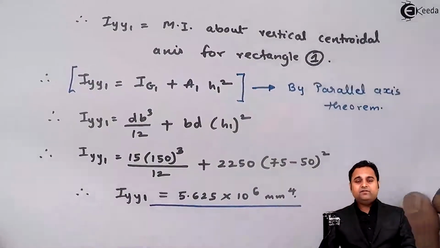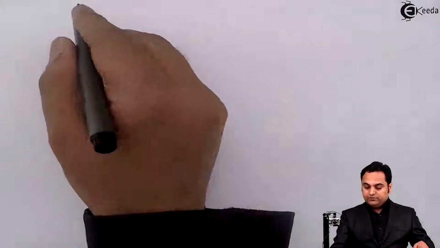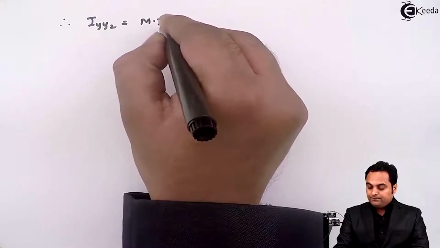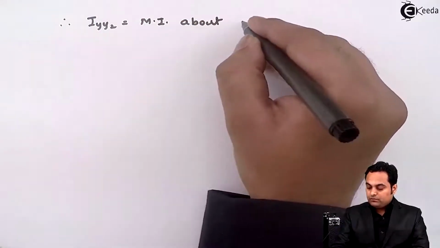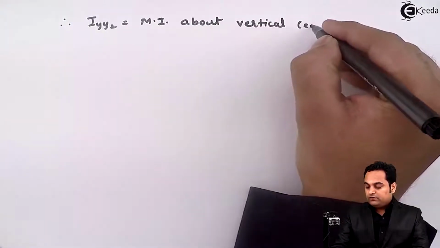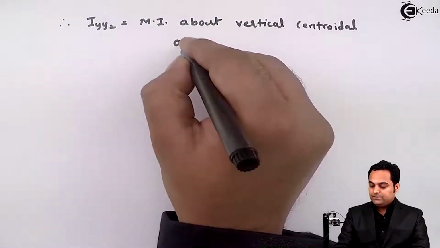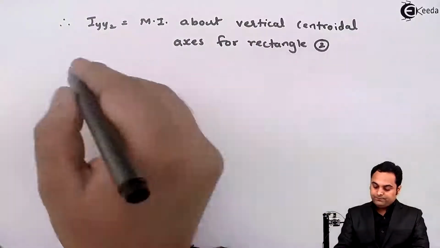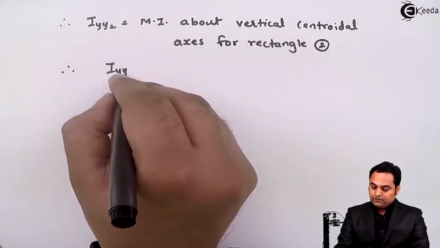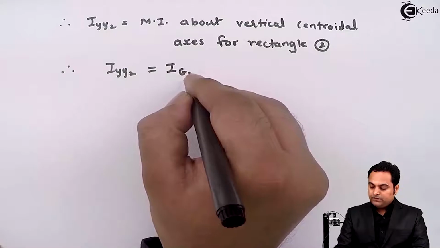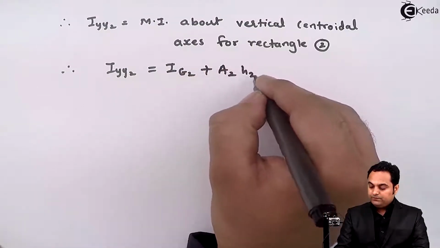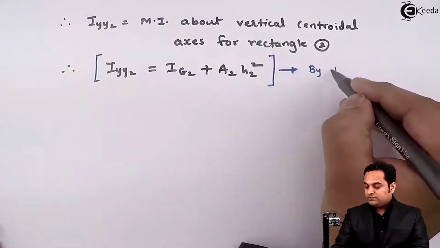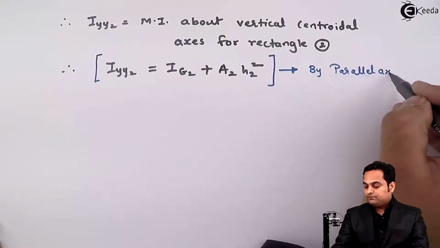Now in a similar manner I will calculate Iyy2. Therefore Iyy2 is equal to the moment of inertia about the vertical centroidal axis for rectangle second. So Iyy2 is equal to Ig2 plus area 2 into h2 square. This is by the parallel axis theorem.